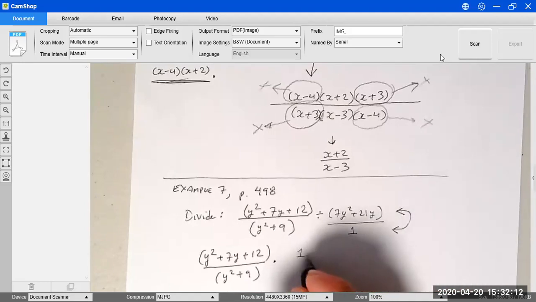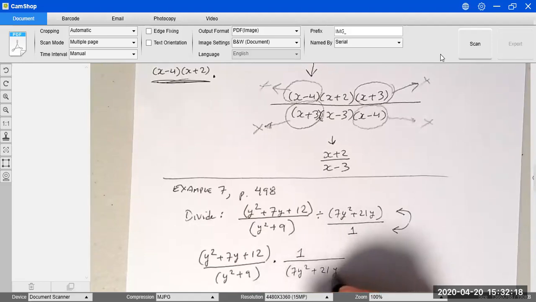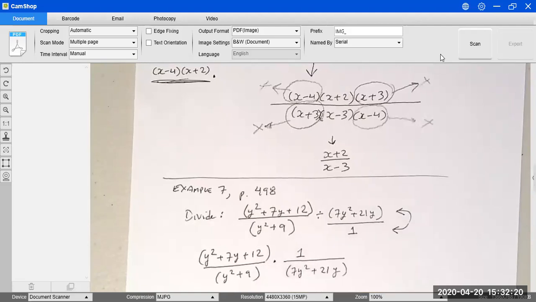So we're going to write 1 on the top and 7y squared plus 21y. So that's our multiplication, our division converted into a multiplication. So now we're going to factor some pieces of this rational expression.